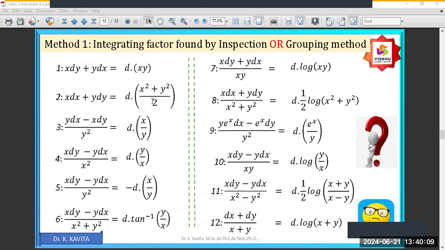Differentiation and integration are inverse to each other, so we have to write it by inspection: d of (x square plus y square) by 2. Then (y dx minus x dy) by y square, which we can write like the u by v method, giving x by y. This is also the u by v method, and here the negative is what is missing. Another formula looks like tan inverse of y by x. This looks like log xy, and this looks like log of (x square plus y square) divided by 2. The others look like u by v.